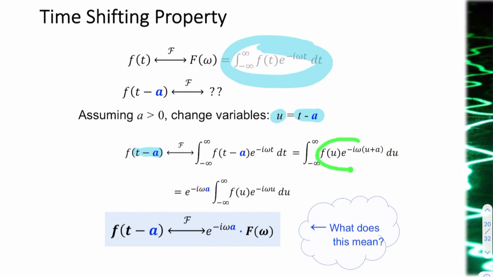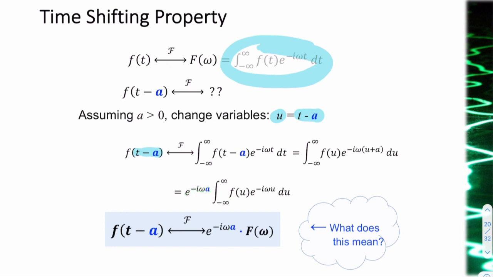So we've now rewritten this. And I can now split this exponent into minus i omega u and minus i omega a. And because we're integrating over u, it means we can take e to the minus i omega a outside of the integration because it's a constant.